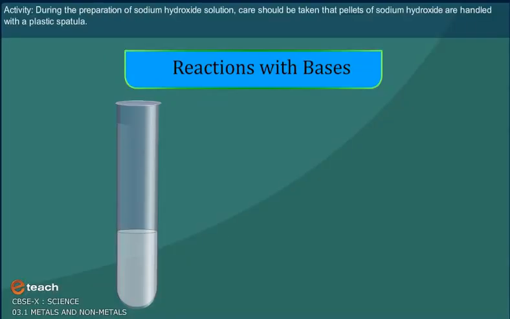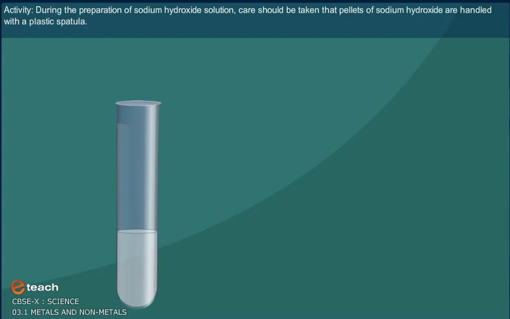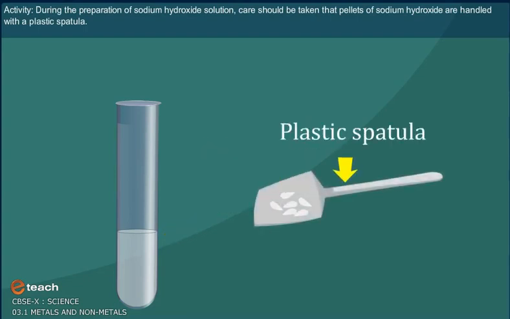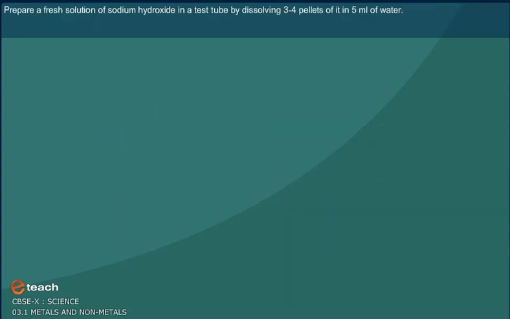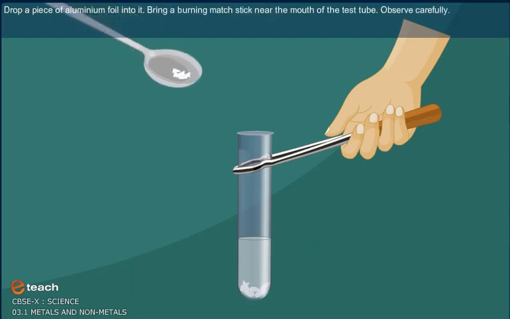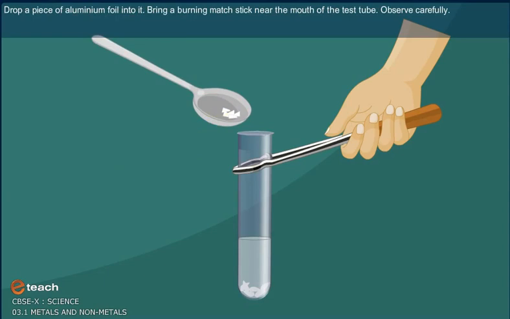Activity. During the preparation of sodium hydroxide solution, care should be taken that pellets of sodium hydroxide are handled with a plastic spatula. Prepare a fresh solution of sodium hydroxide in a test tube by dissolving 3-4 pellets of it in 5 ml of water. Drop a piece of aluminium foil into it.